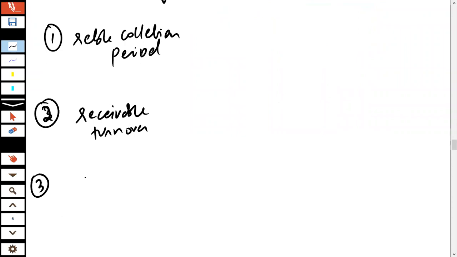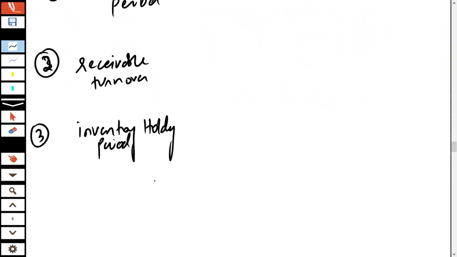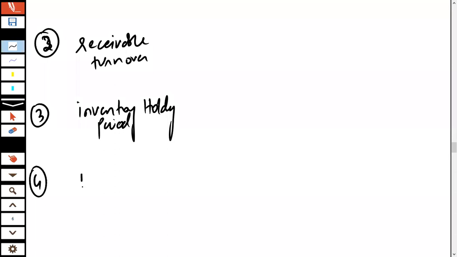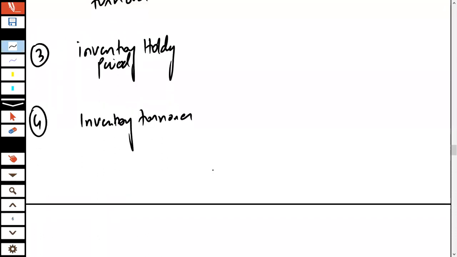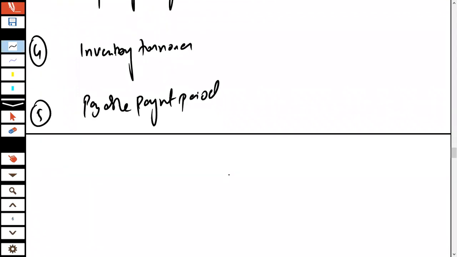The third one is called the inventory holding period. The fourth is inventory turnover. The fifth is called payable payment period. The sixth is called payable turnover.